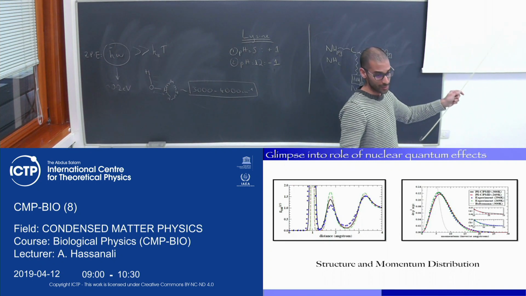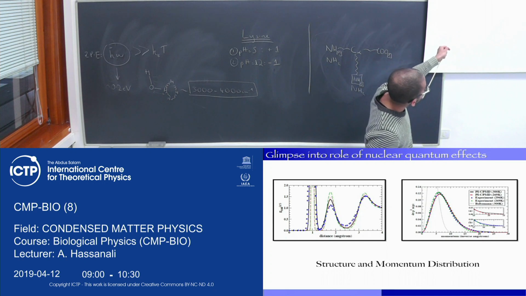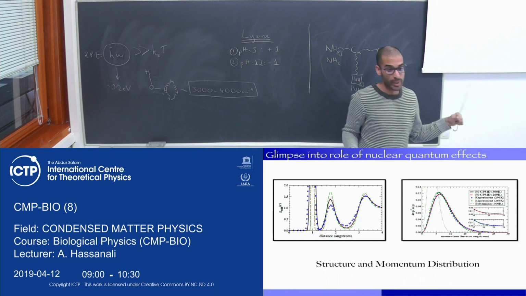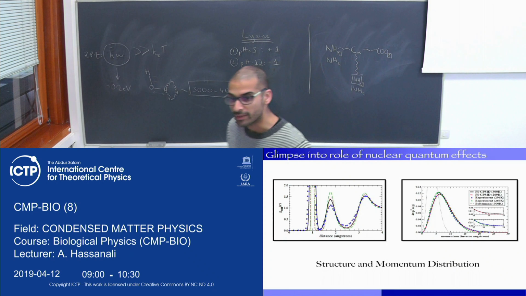It's a very subtle effect. We're talking about 0.1, 0.2 angstroms. You may think it's a very small number, but very small changes in those types of length scales can affect electronic structure in highly non-trivial ways.